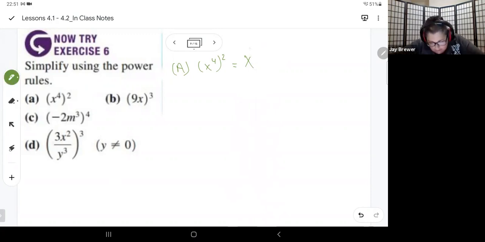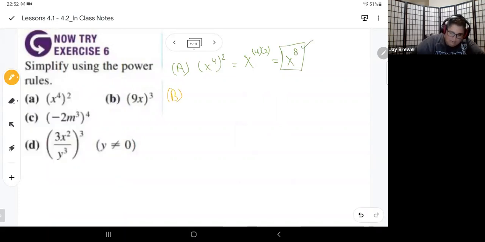So 4 times 2 equals x to the 8th. Apparently I'm just drawing whatever I want right now because it's pretty late.